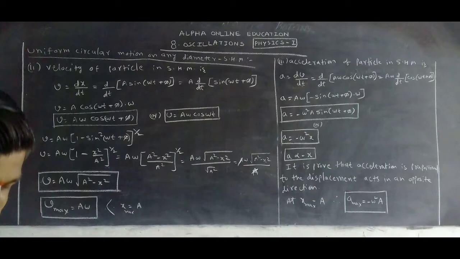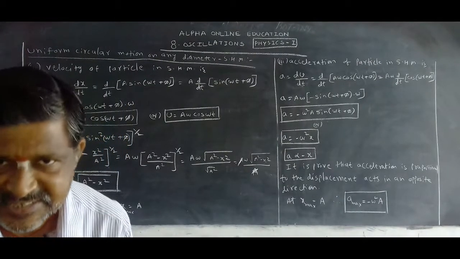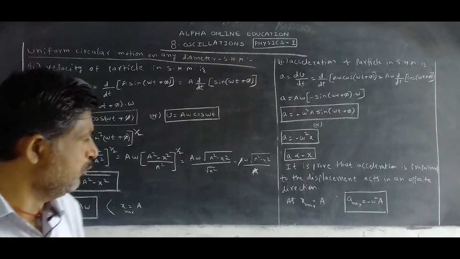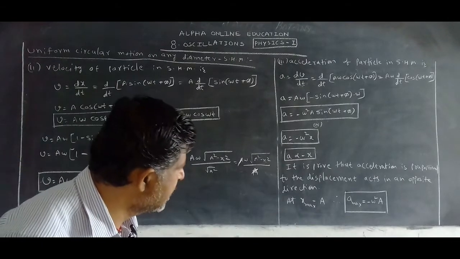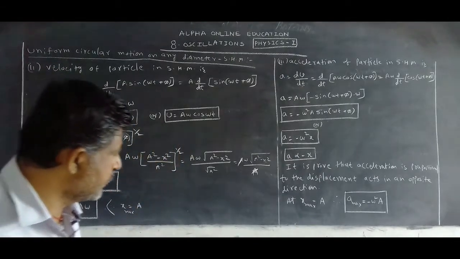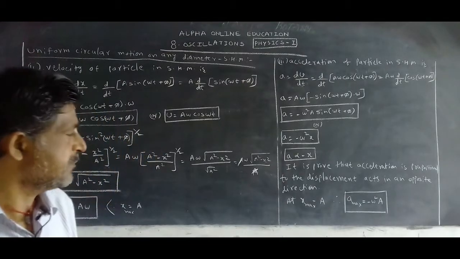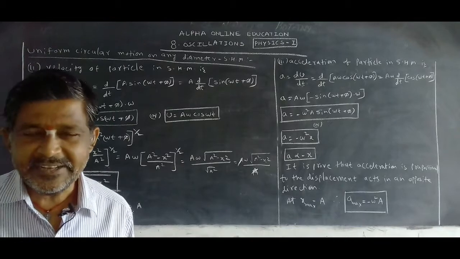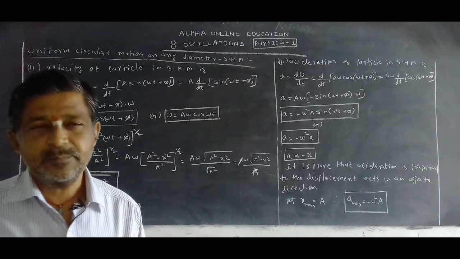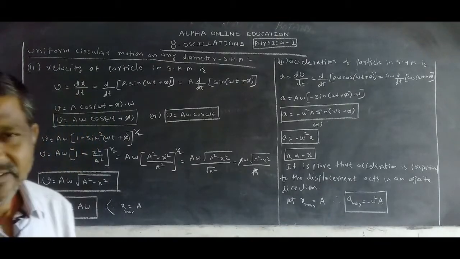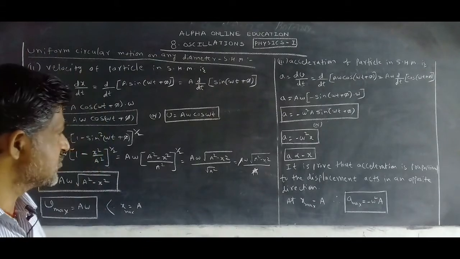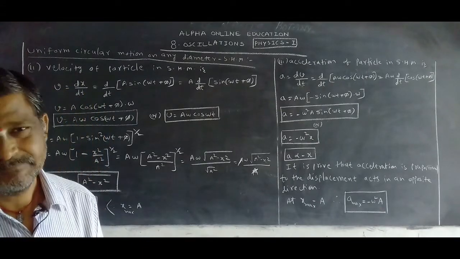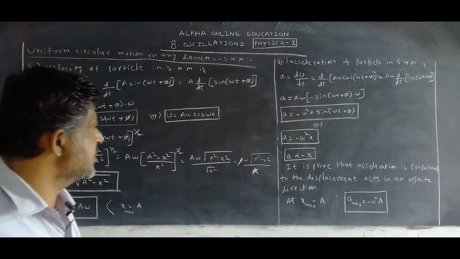Now first we want to derive the displacement of the particle in SHM. After that we want to prove that acceleration is proportional to the displacement and acts in the opposite direction. What is the mathematical equation for it? A proportional to minus x, or A is equal to minus omega square x. Now, what is the acceleration equation?